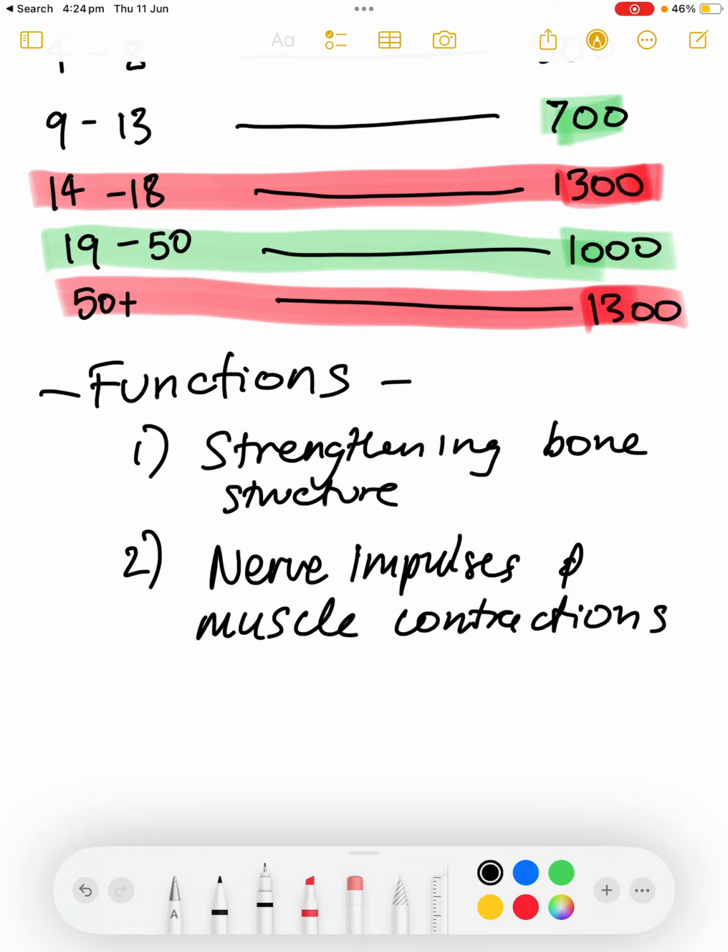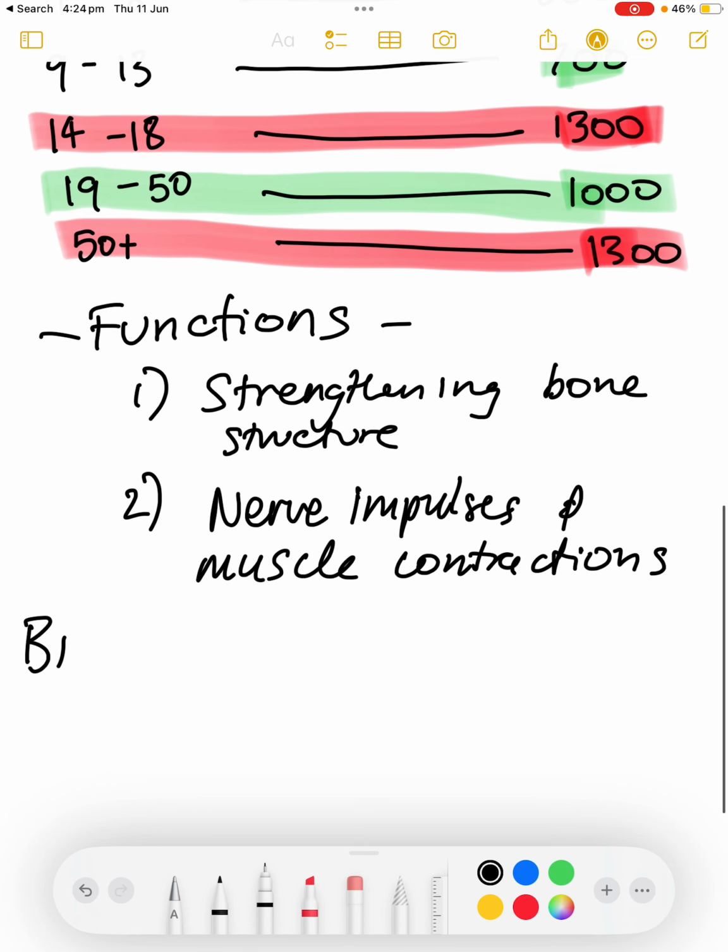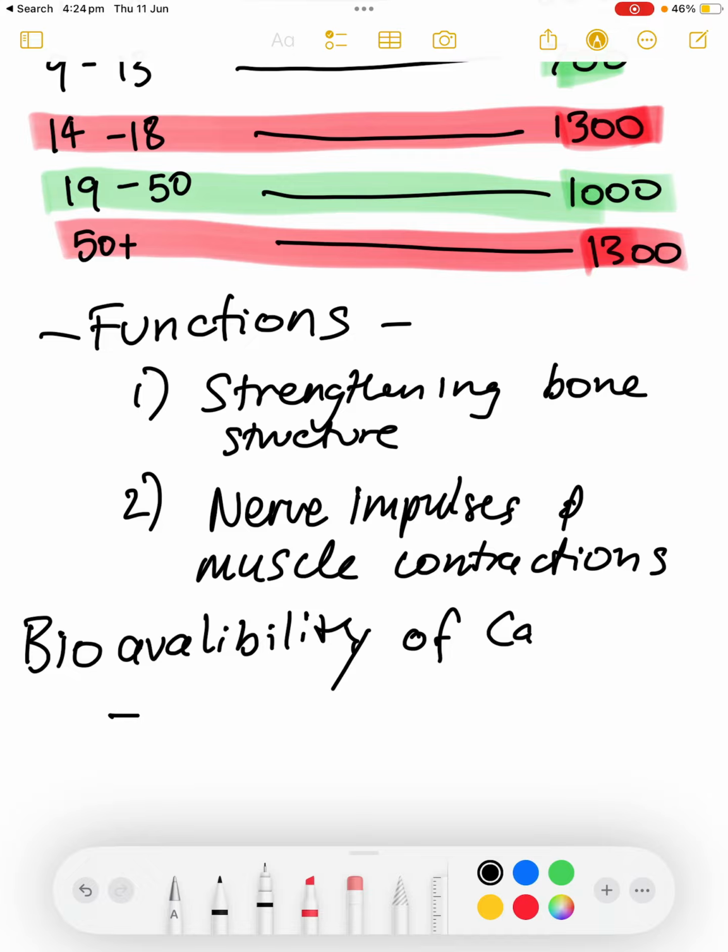All right, going on. So bioavailability wise is the next thing. Roughly 30% of Ca that we consume is absorbed.